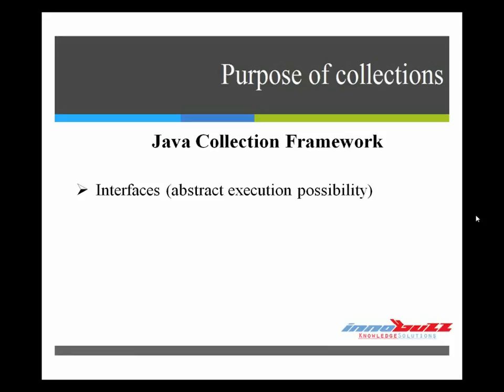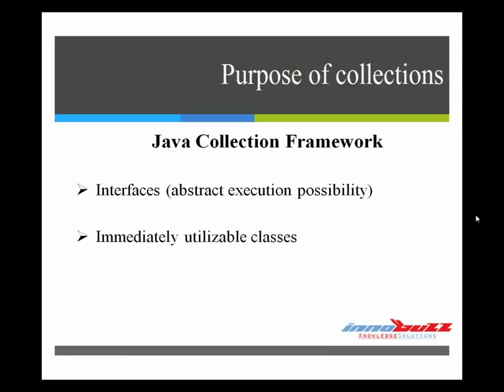There is also a possibility to create some kind of abstract implementation. This means that we can create abstract classes that implement these interfaces, so we don't have to implement all the abstract methods. Some of them can remain abstract in our abstract classes if we want to create some user-defined collections.